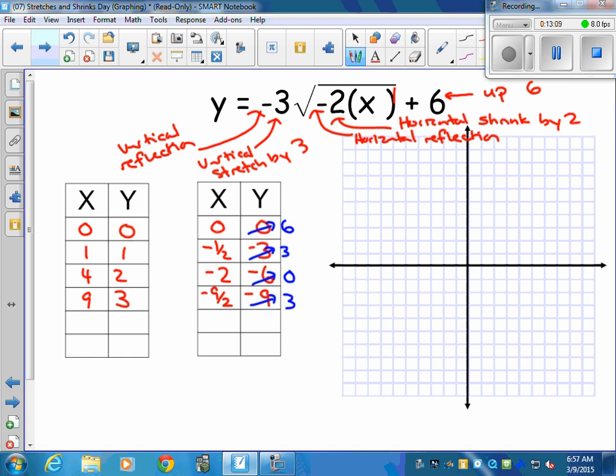We've got 0, 6 as our first point, -1/2, 3, -2, 0, and -9/2, -4.5, and that should be a -3.